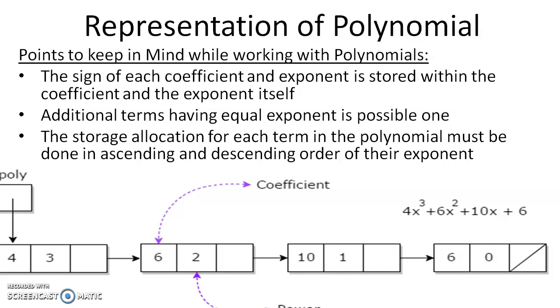Suppose power 2 has been taken, then only one term will be there with that power. The storage allocation for each term in the polynomial must be done in an ordered way, either ascending or descending order. Generally we represent it in descending order.